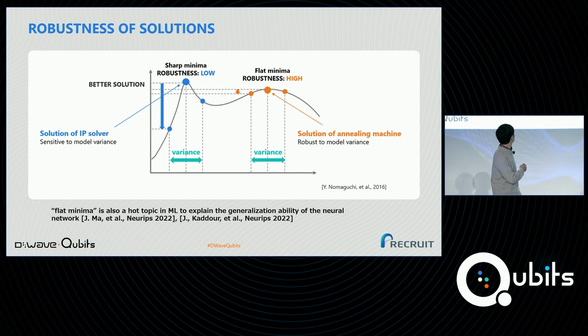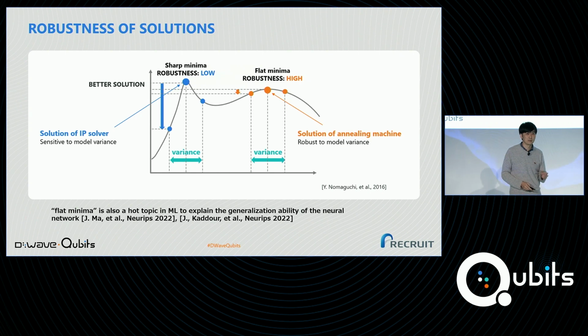Solutions around sharp minima, like here, are less robust, and solutions around flat minima, like here, are more robust. And other research suggests that solutions obtained by integer programming solvers tend to be around sharp minima like this.